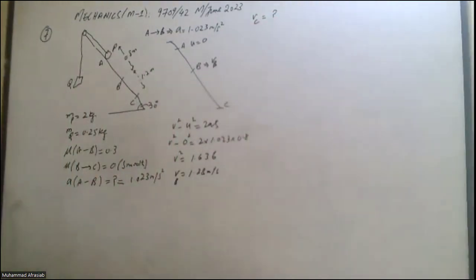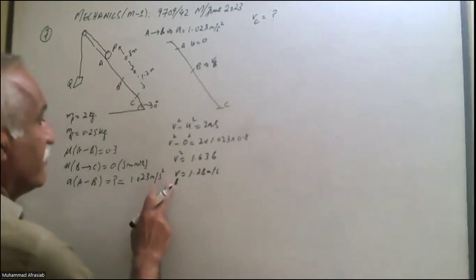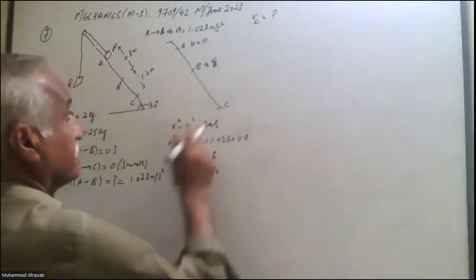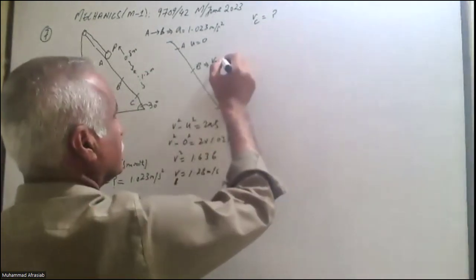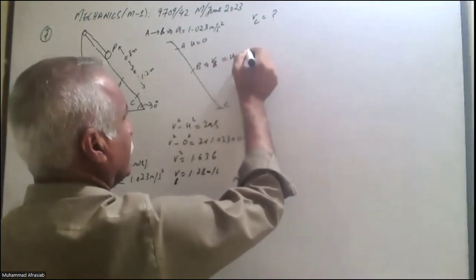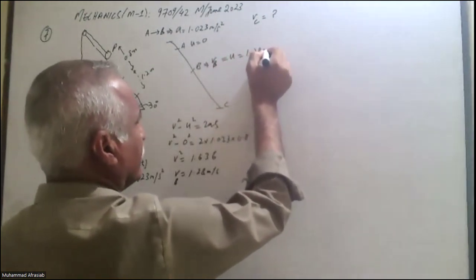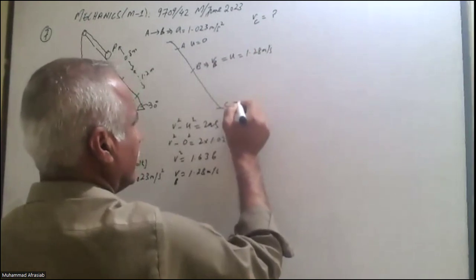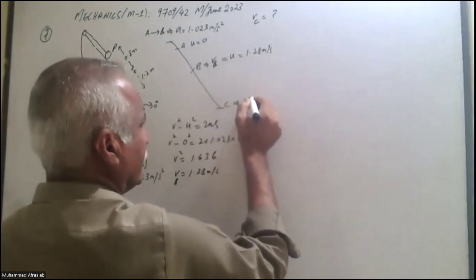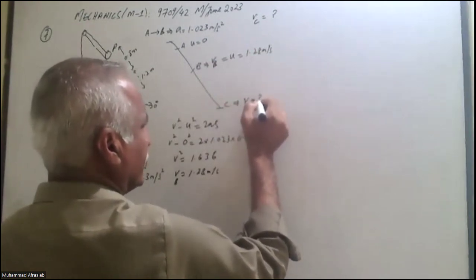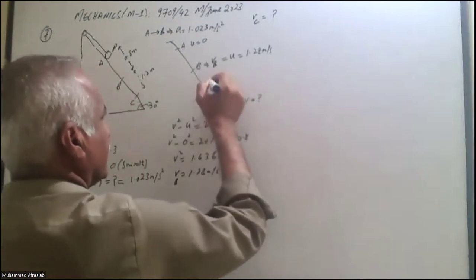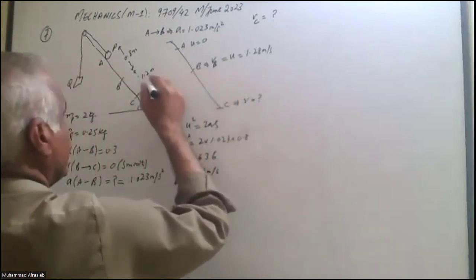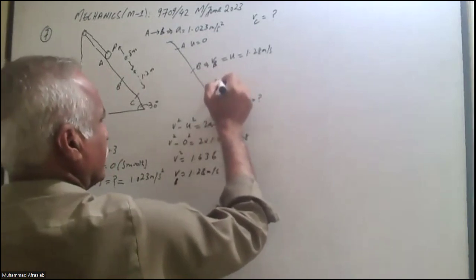But we know one thing, that this velocity at B will become the u there, and that is equal to 1.28 meters per second. The final velocity v is going to be calculated at this position, but the distance between these two is 1.2 meters.